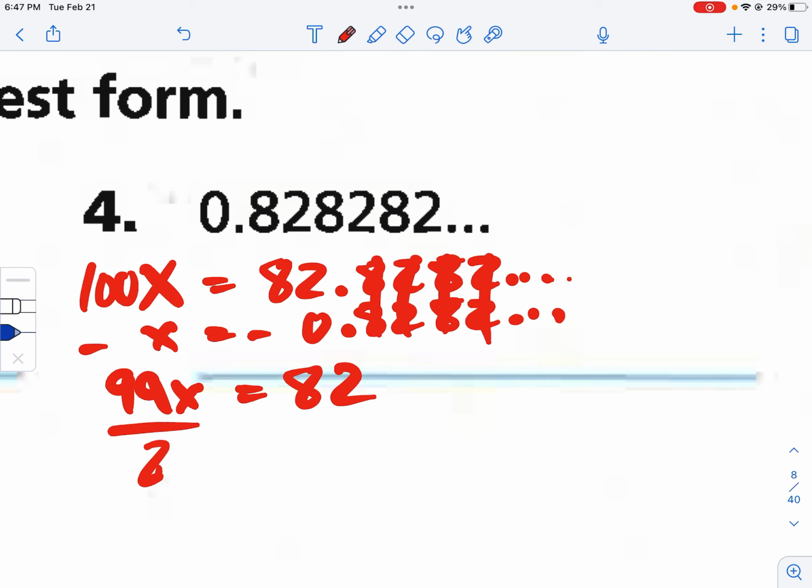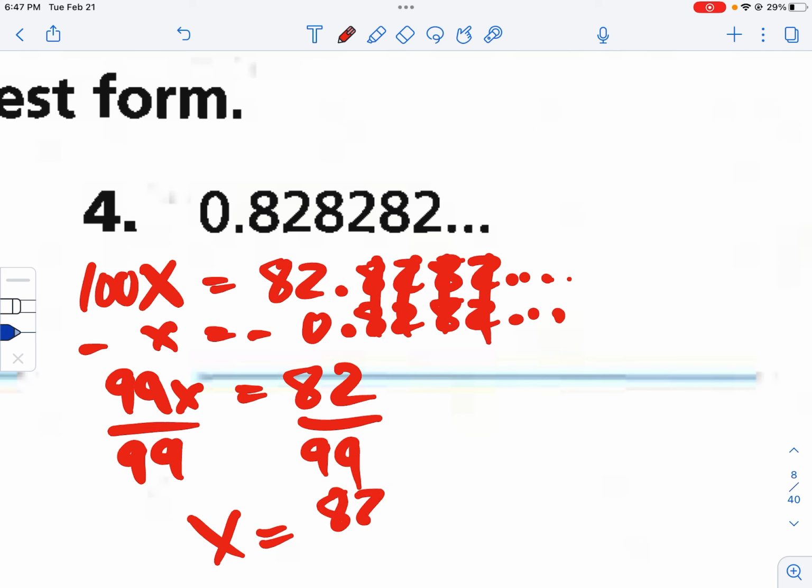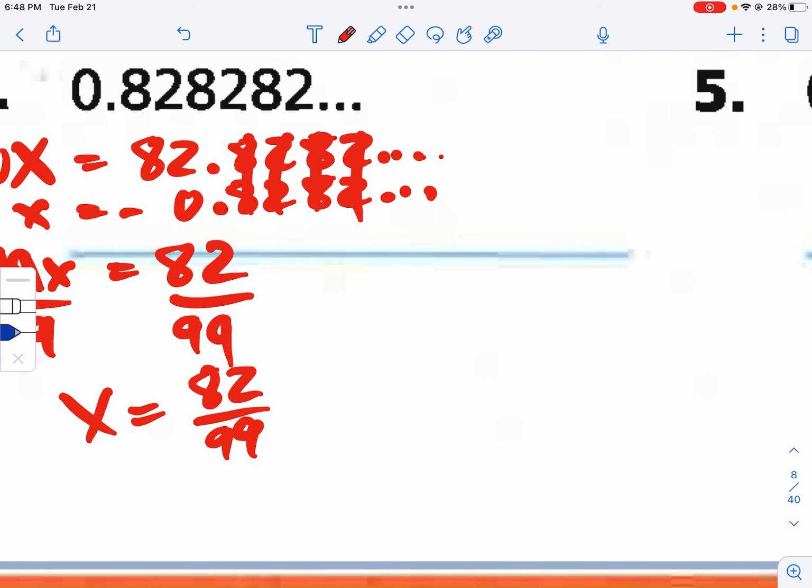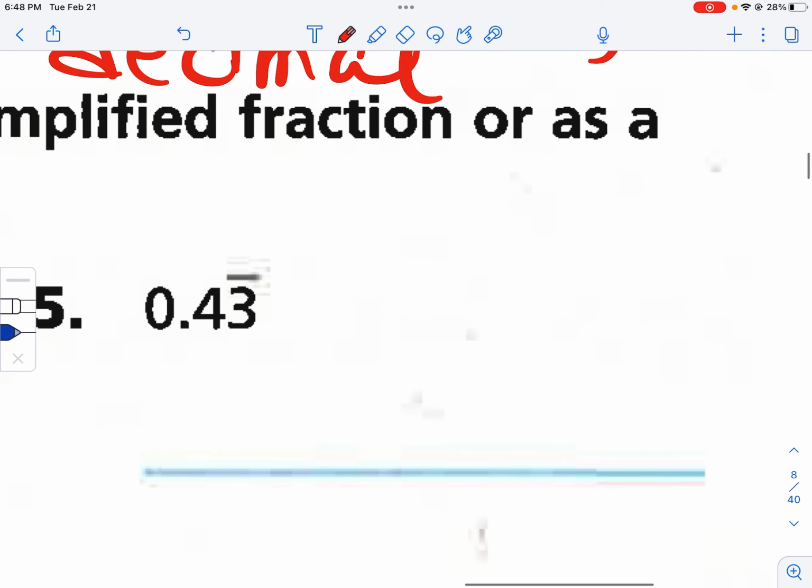Divide by 99 on both sides, and I get x equals 82 over 99. Let's see, 3 doesn't go into 82. 11 doesn't go into 82, so that's all we can do.